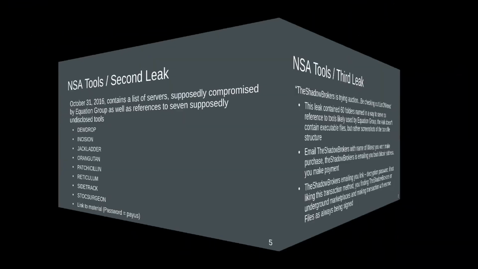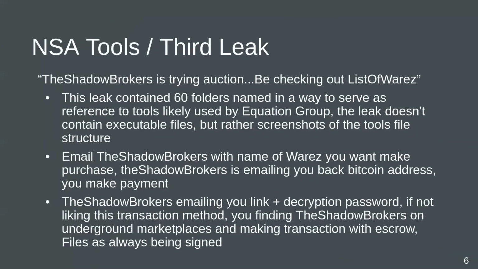And then the third leak contained 60 folders named in a way to serve as reference to tools. And you were to email the Shadow Brokers with the name of the software that you wanted, and they would email you back a Bitcoin address that you could make payment with. So that was the third leak.